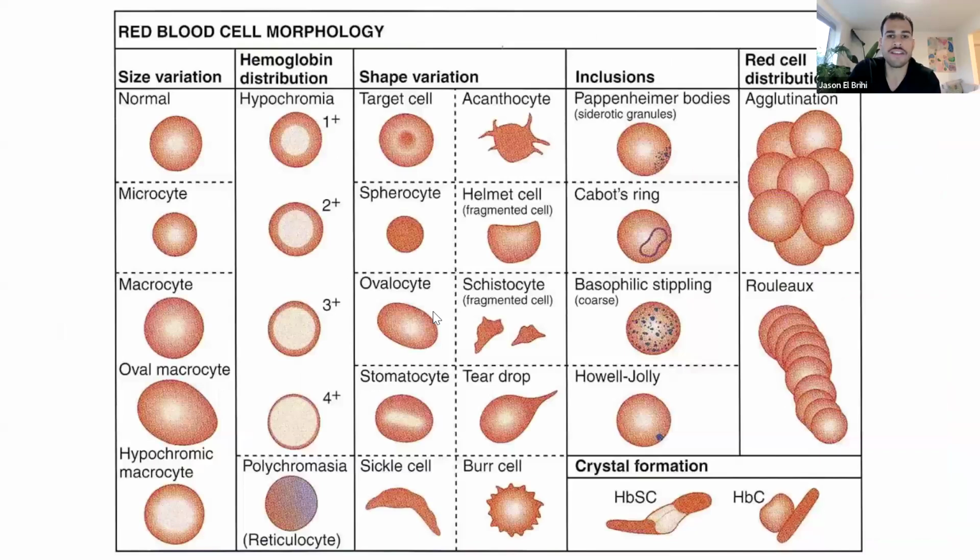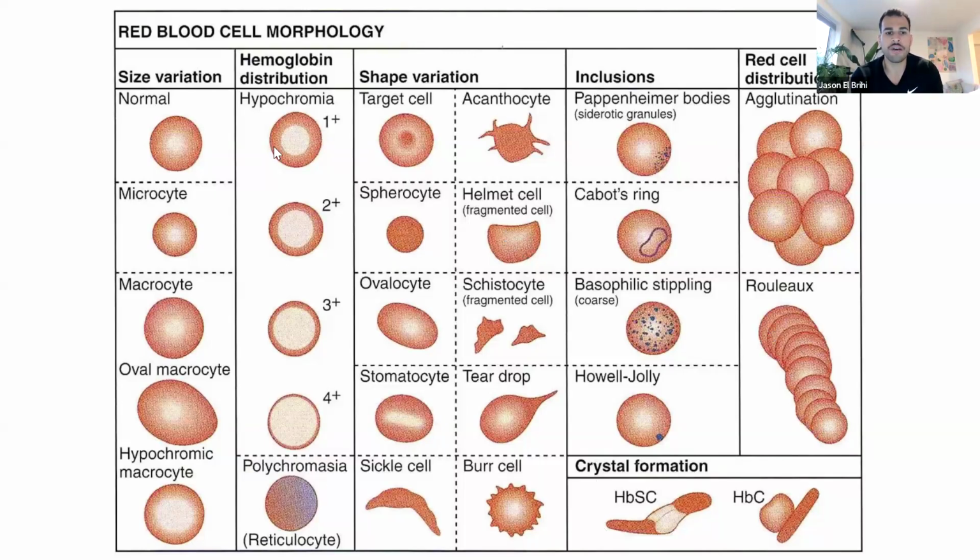Great. And then here is just showing you some of the different patterns you could see on the blood film. We've talked about a few already. Agglutination can occur. Rouleaux is named after poker chips because it looks like a stack of chips. Sickle cell, helmet cells or schistocytes, spherocytes, we've talked about the small condensed ones, so they'd have a high MCV.